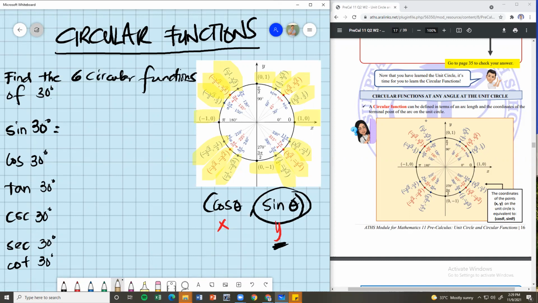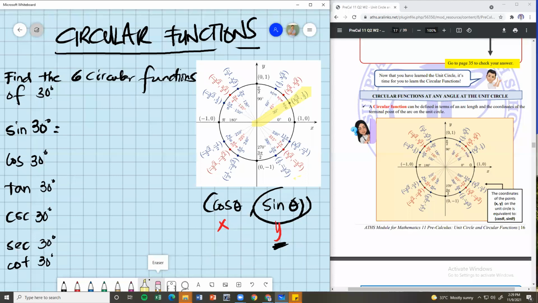All you have to do is to look at this. Let me now erase all this para di sila nakakalito. I'll erase this for a while. Okay, so that I will only highlight the 30 here. So this is the 30 degrees. Ayun.